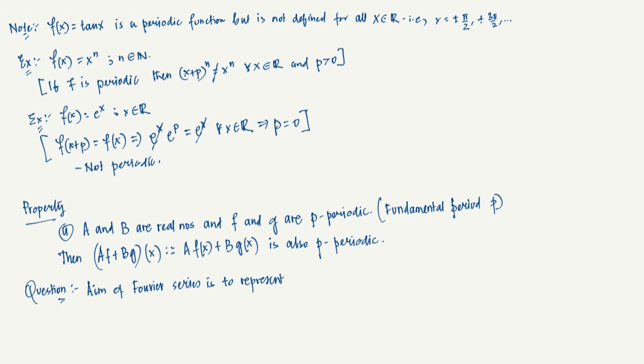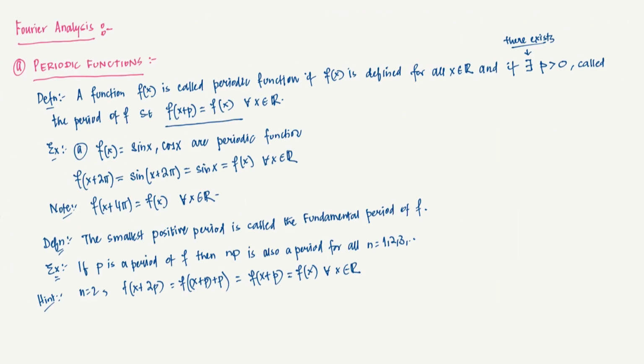I will specify what sort of functions, but for now, let me put it this way: any function. This 'any' is questionable, but we'll talk about it later. Any function in terms of the two periodic functions, sine and cosine.